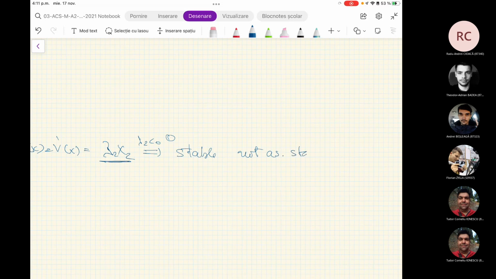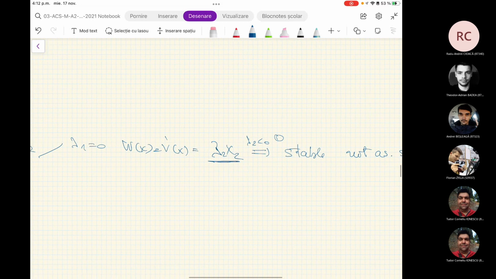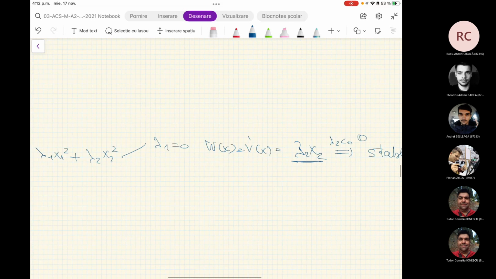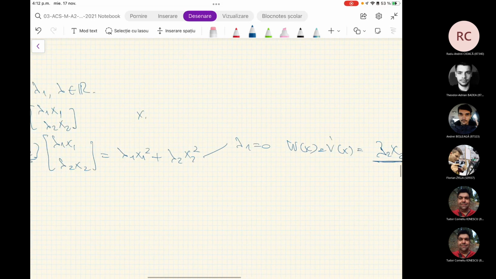It's just stable, even if lambda 2 is negative, because now you have that x1 dot, sorry, is 0.